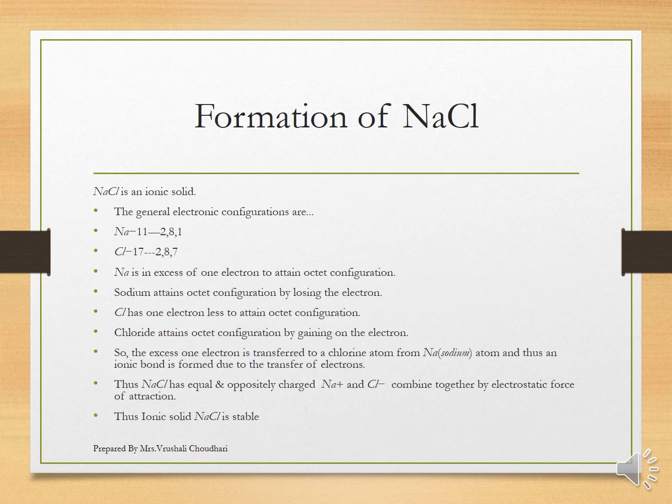First we will learn the formation of NaCl. What is NaCl? It's common salt, namak. It is composed of sodium as well as chlorine. Sodium has atomic number 11, configuration 2, 8, 1. Chlorine has atomic number 17, configuration 2, 8, 7.